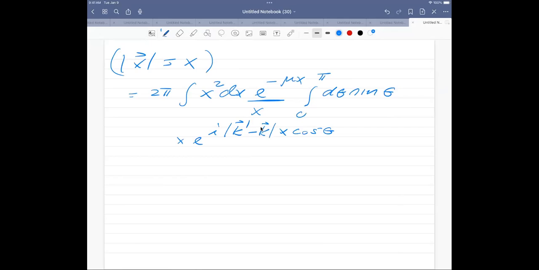This is also something I can manipulate further, and when I perform all these manipulations, what you will get is something like this.